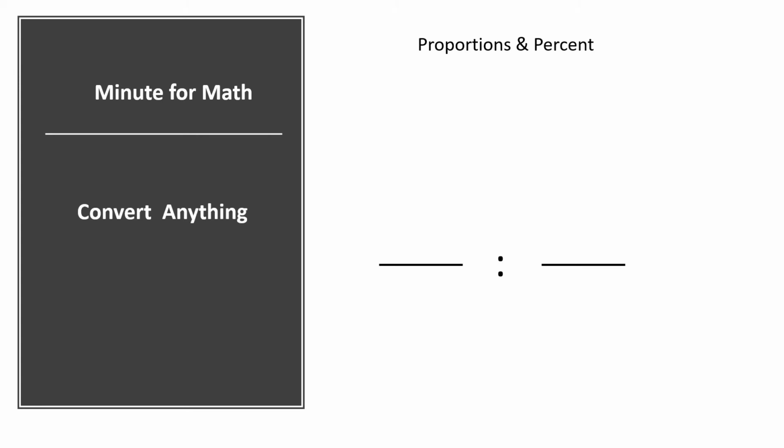All right, so this symbol we use for proportions and percent. Remember this. This line equals or compares to this line. What does that mean? What do we do with this? We have to plug numbers here, here, and then compare here and here.